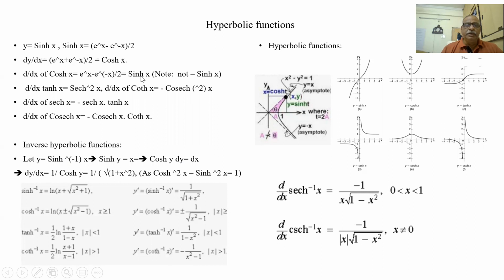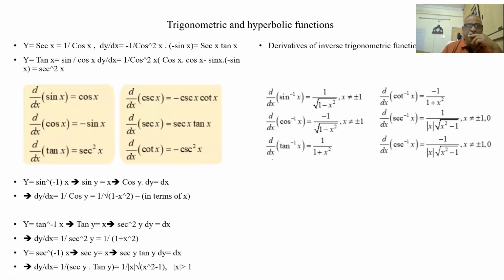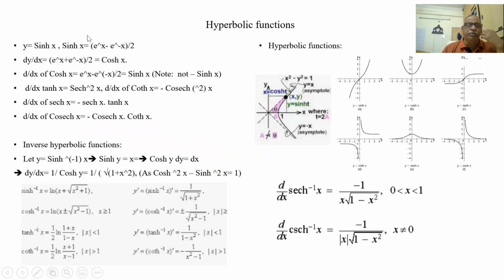So the derivative of sin hx is cos hx and the derivative of cos hx is sin hx. In sin terms, it is minus sin x: sin x derivative is cos x, cos x derivative is minus sin x. But in hyperbolic, there is no minus, because that is how hyperbolic functions are defined.